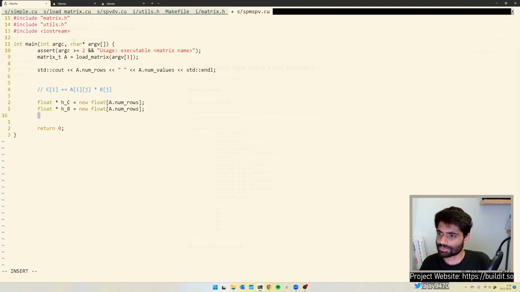Next up, we have the device versions. And this time I'm going to write a function that will do the allocation for us and test, so we don't have issues.